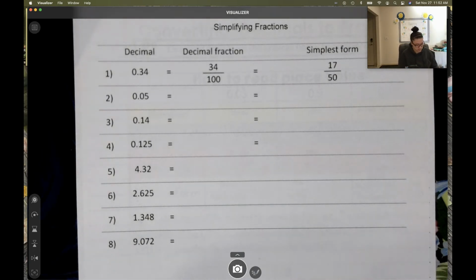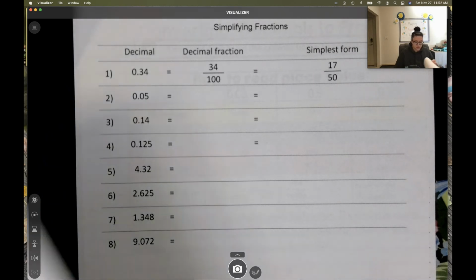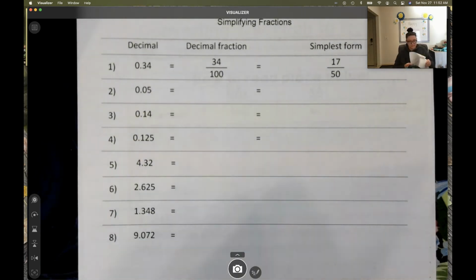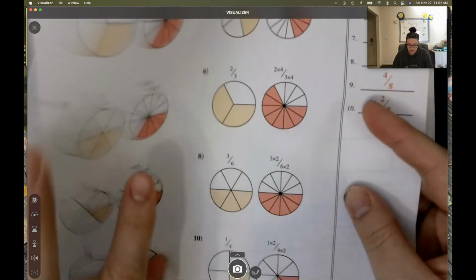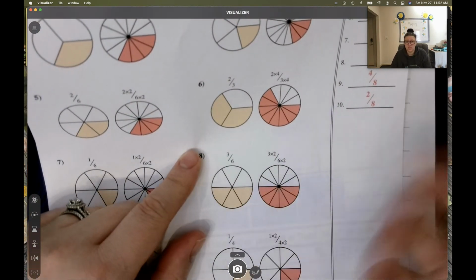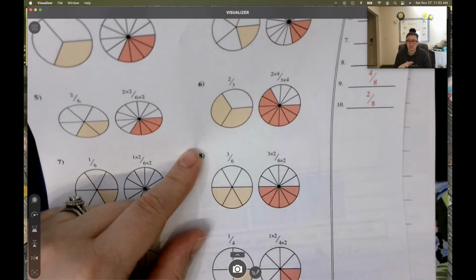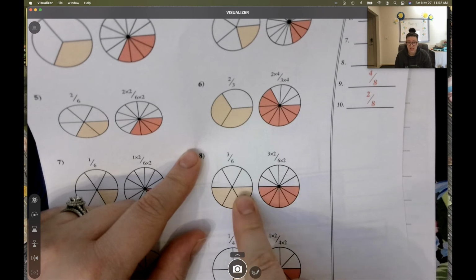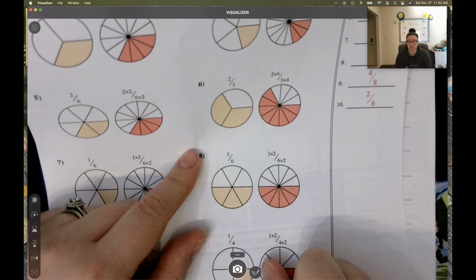Let me find an example. For example, if I saw these two fractions, they're both what amount shaded? That's half of the circle shaded. That's half of the circle shaded.